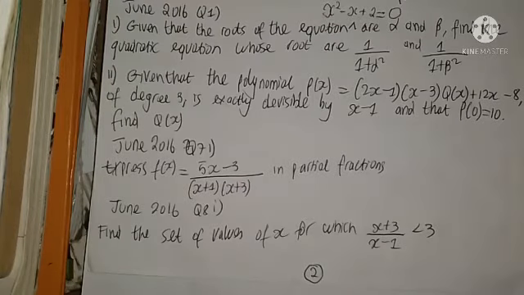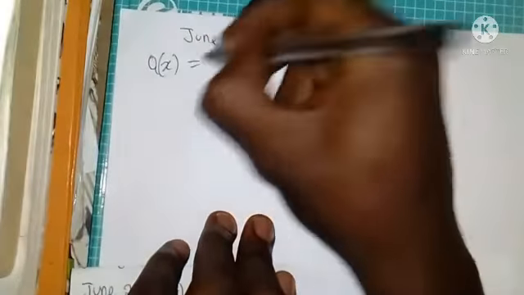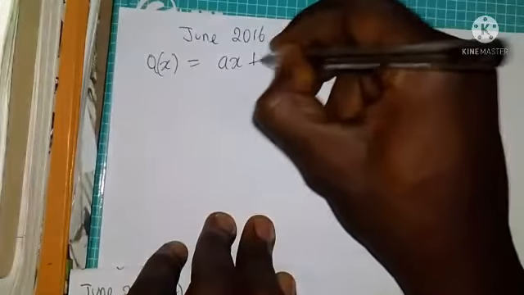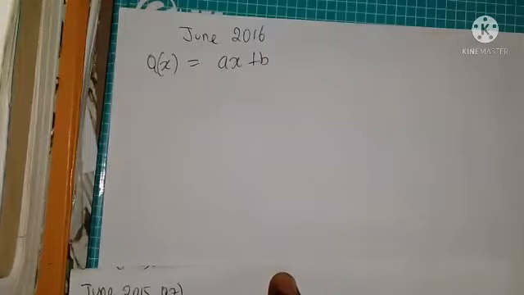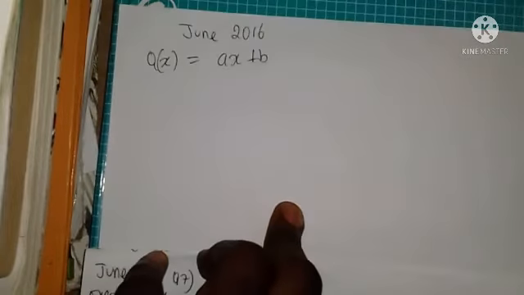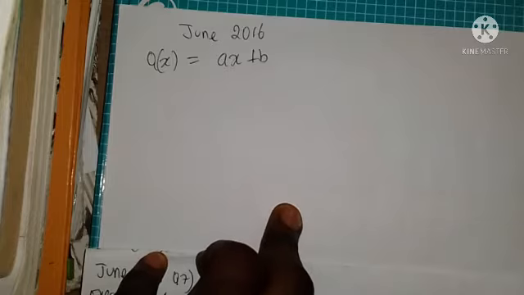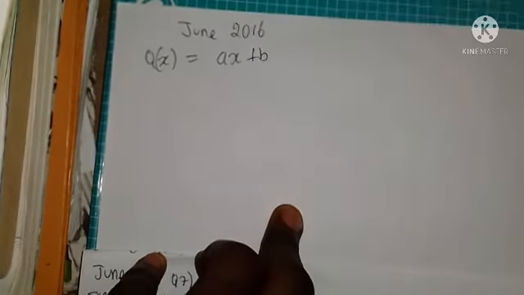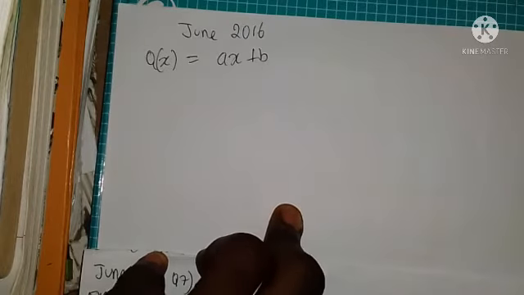So something is missing, and what is missing is a linear expression. This tells us that q of x is equal to ax plus b, so that we can have an order of 3. You can make it bx plus a, or qx plus b. All we need are the values.